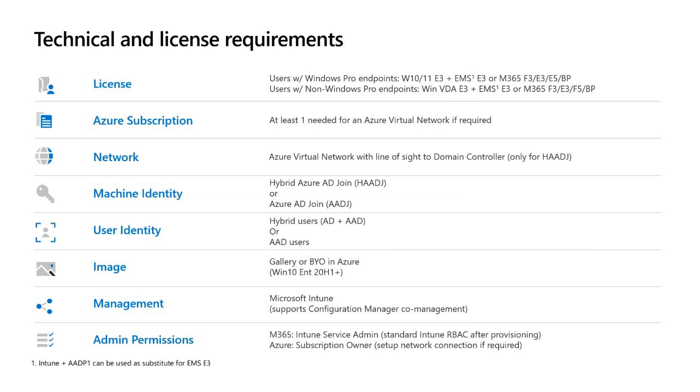So obviously you need to buy a license for Windows 365, which gives you the compute instance along with the OS. You need obviously an Azure subscription for that workload to reside in, as well as building out your Azure virtual network and line of sight to a domain controller for hybrid joined.